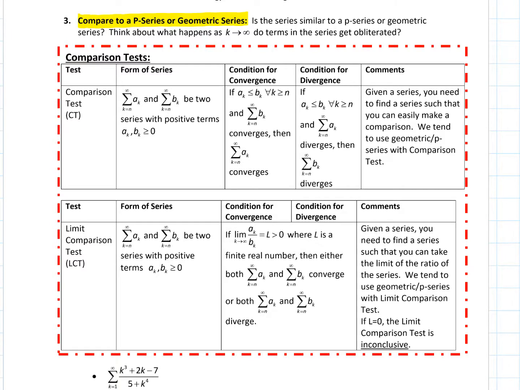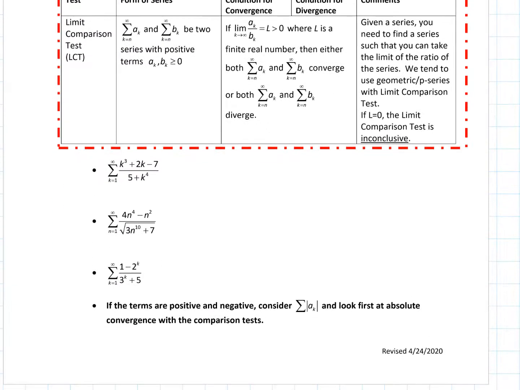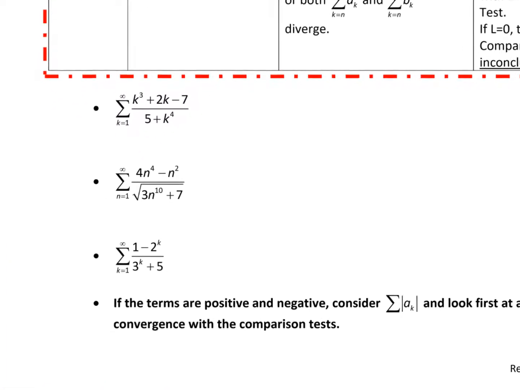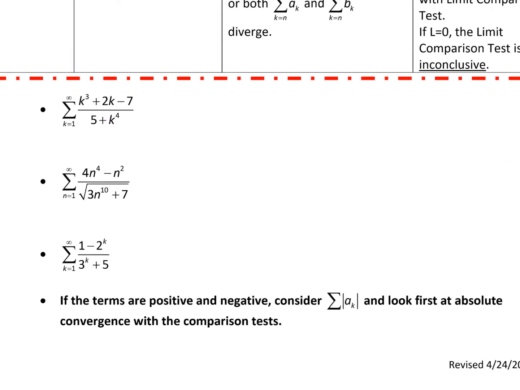And again, I just took these clips out of our list of all the different tests that we have. So here would be some examples of series that I would apply comparison to. Because when we come across these series, I think, you know what, as I approach infinity, as I look at these terms, my thought process is that this particular series is going to behave an awful lot like just k cubed over k to the 4th.